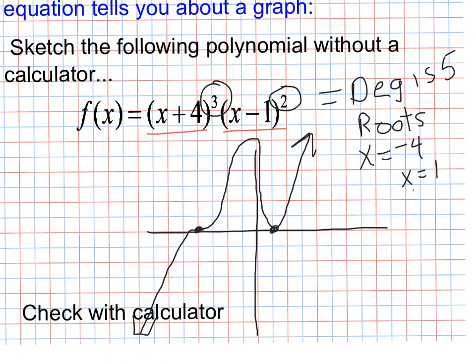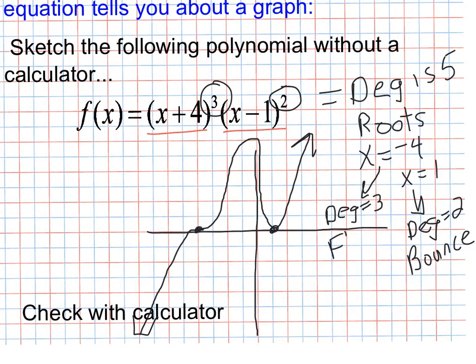Because the root of 1 has a degree of 2, it creates a bounce effect in our graph. The root of x equaling -4 has a degree of 3.